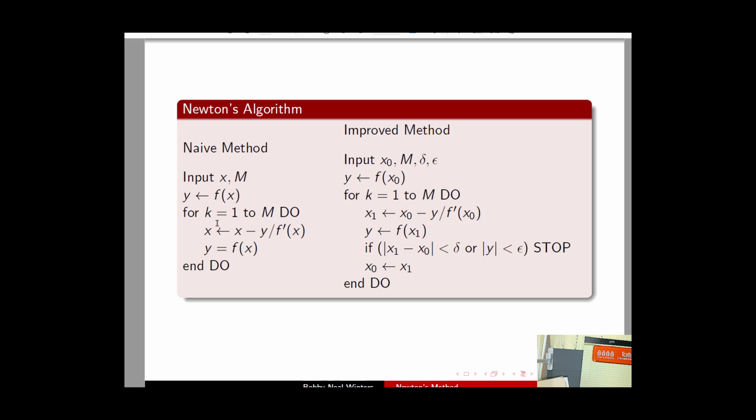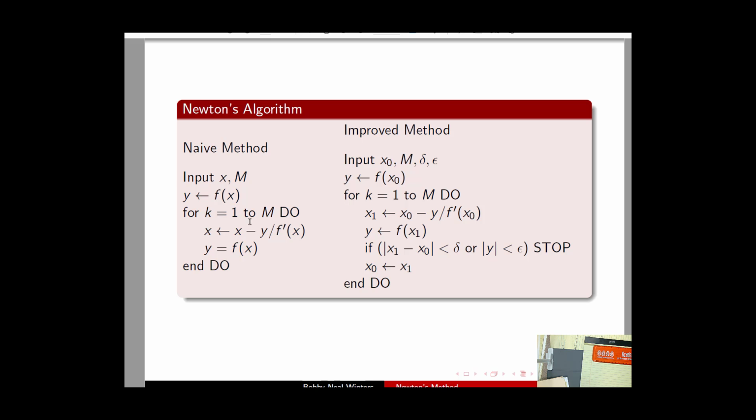We go through our loop m times, wherein we replace x by x minus y over f prime of x. Each time y becomes f of the new x, and we keep doing this m times. When we get to the end, our answer is the value x.